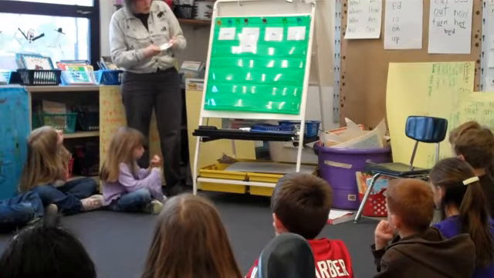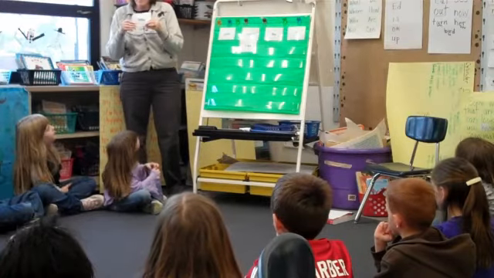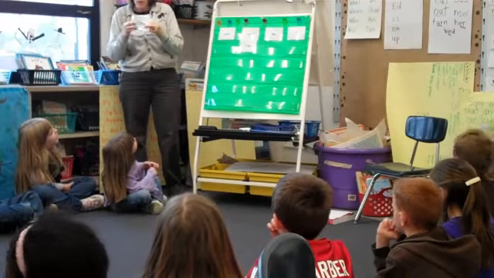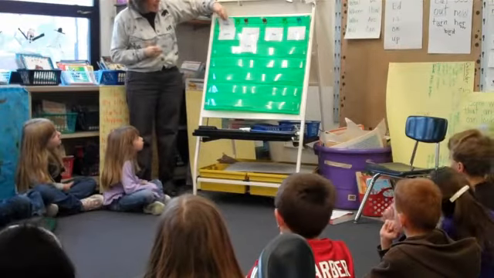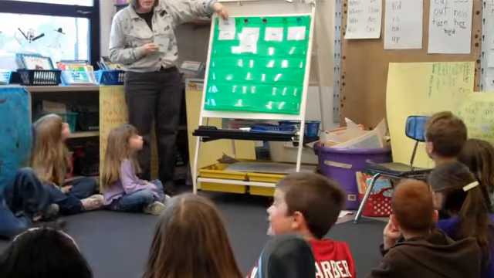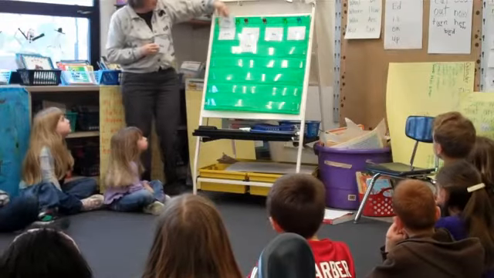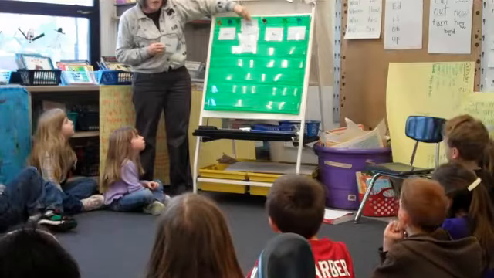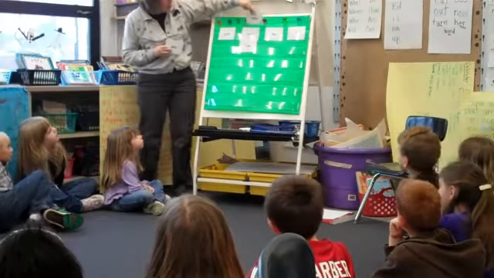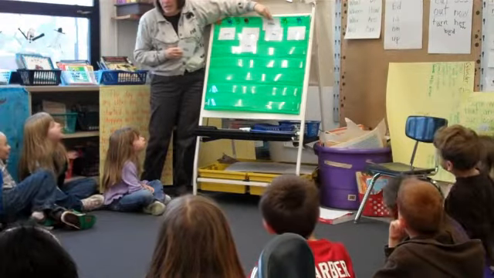Now, here's the word Mike. Okay? Let's take a look at Mike and gate. Do they look the same? No, they don't have the same ending. How about Mike and make? No, it's not the same. How about Mike and like? Yeah.